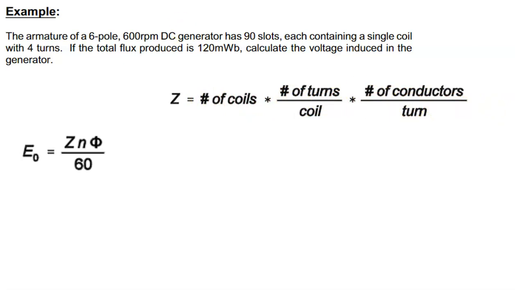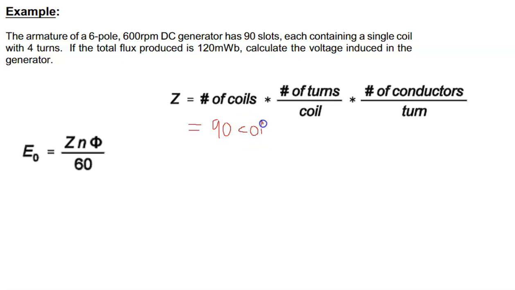So for Z we have the number of coils, which is 90, and again, for us that's the same as the number of slots.